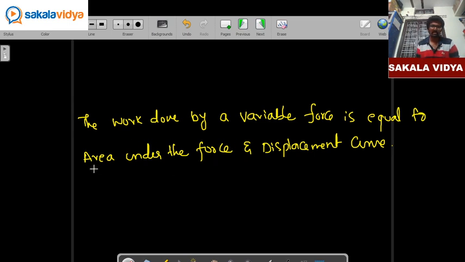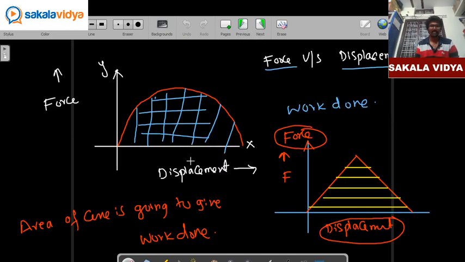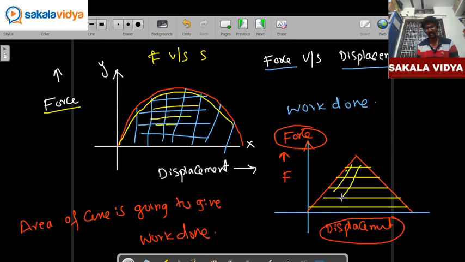So, the area of force and displacement curve is going to give our work done. For example, this is our force versus displacement curve, so the area of this curve is going to give our work done. In this case, the area of this triangle is going to give our work done. Okay. Now, let us solve a numerical problem on this concept.